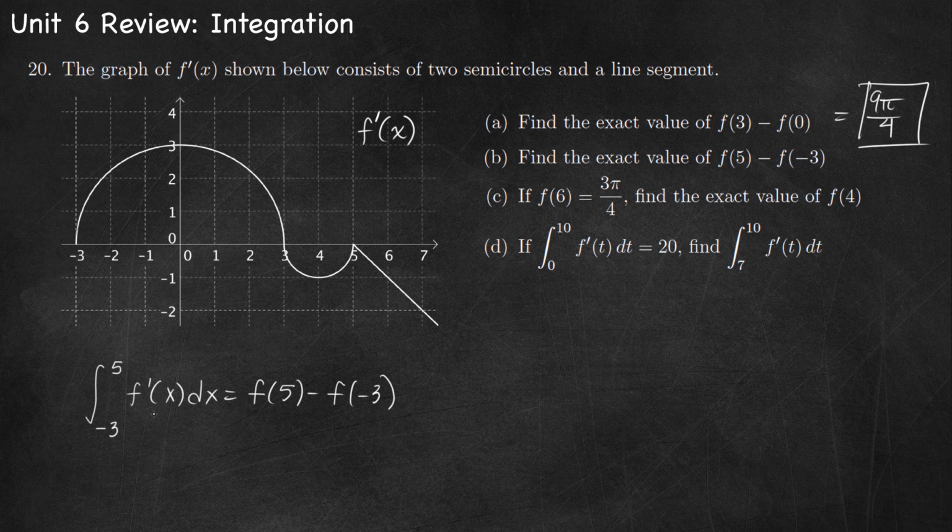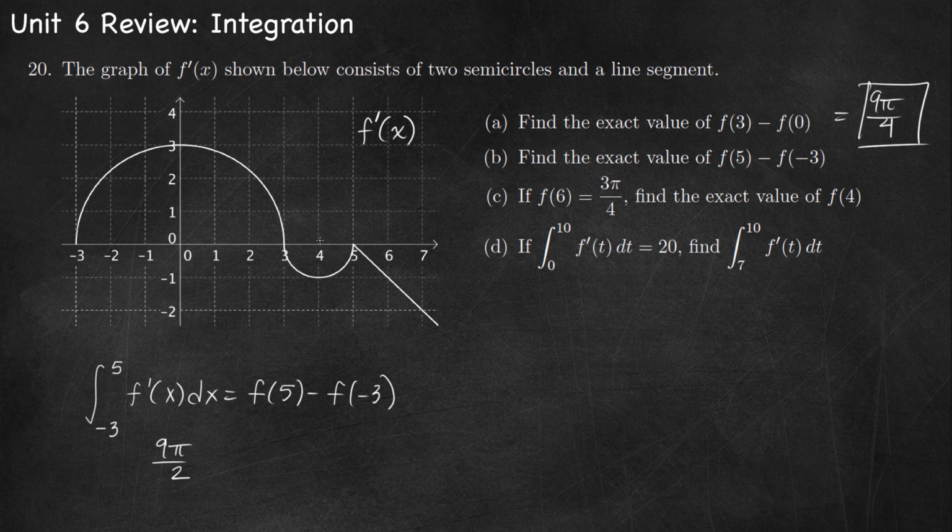So we need the area from negative 3 to 5. From negative 3 to 3, that's just half of that circle. And remember, the whole circle had an area of 9 pi. We want half of that. So 9 pi over 2 plus, we have to go all the way to 5 now. The area from 3 to 5 is half of this little circle, and it's below the x-axis, so it has negative area.